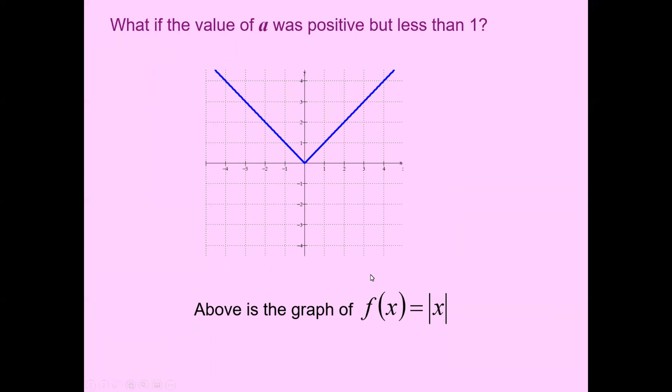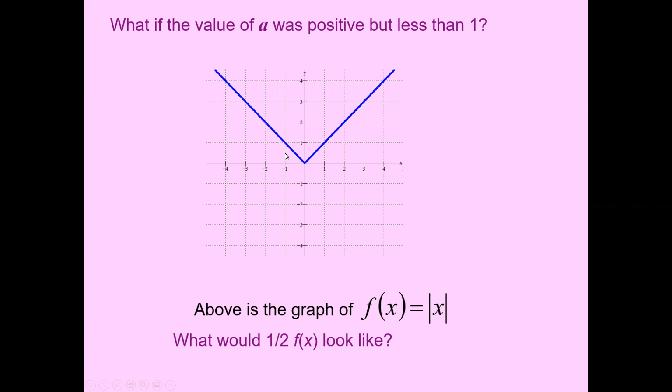What if the value of a was positive, but less than 1, so not greater than 1? What happens when it's a fraction? For example, what would 1/2 f of x look like? Remember, I'm going to be looking at the y values. So right here on my blue graph, I have a 1. And if I'm going to be multiplying that 1 by this 1/2, I hope you can see that I'm going to be cutting it down right here.